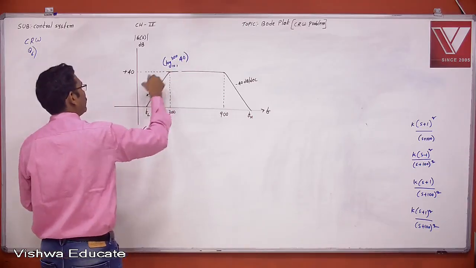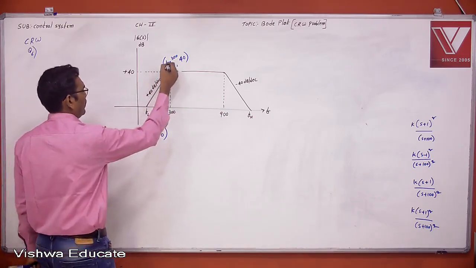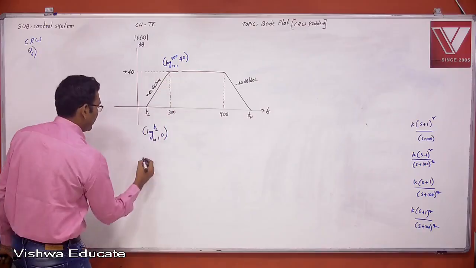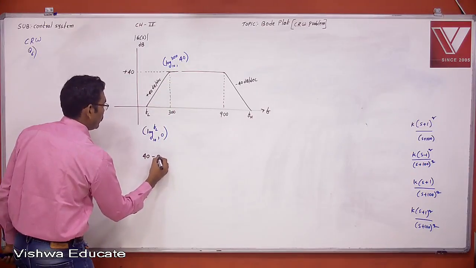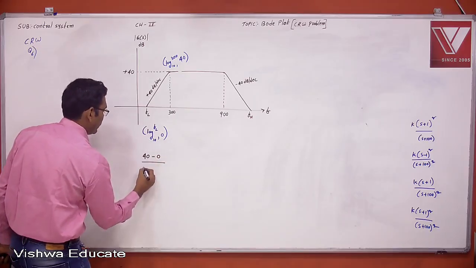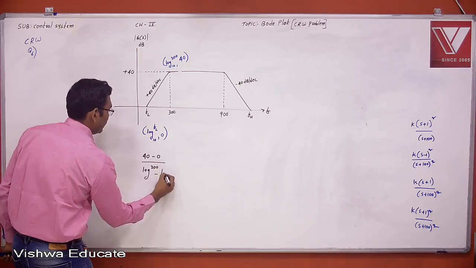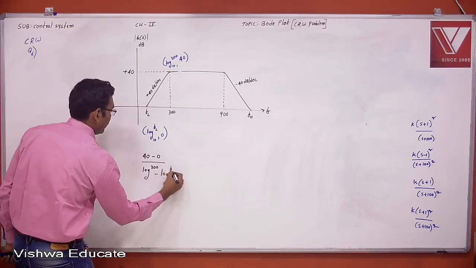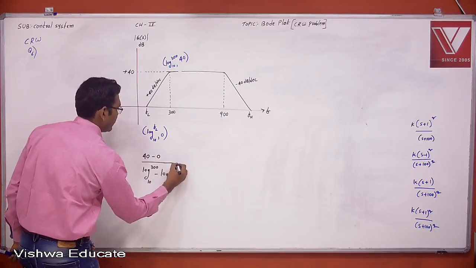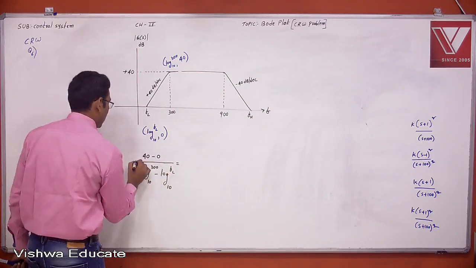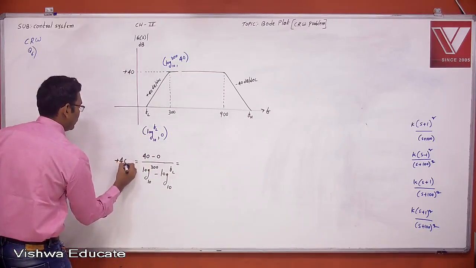Now this line slope is also given, then you will find here x1, y1, x2, y2. y2 minus y1, 40 minus 0, by x2 minus x1, log 300 minus log FL. Change in y-axis by change in x-axis, and the slope is plus 40.